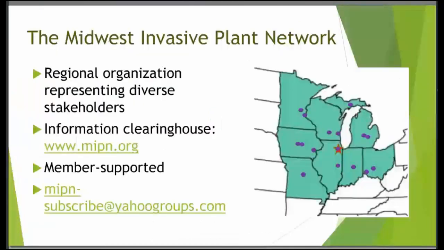So I'd like to just give you a little bit of background and an introduction to the Midwest Invasive Plant Network, or MIPN. We're a regional network composed of diverse stakeholders with interest in invasive plants. These stakeholders make up both our membership and our board of directors, and they include researchers and educators, state agencies, representatives of the horticulture, nursery, and landscape industries, and also land managers.